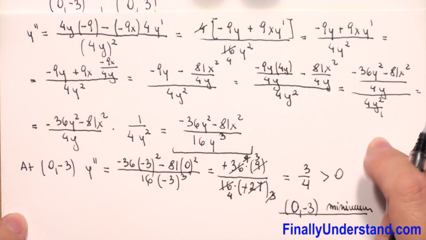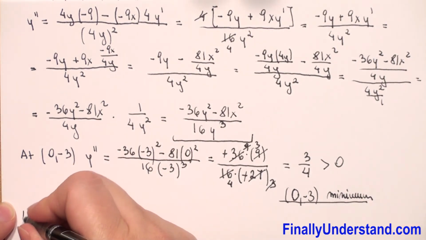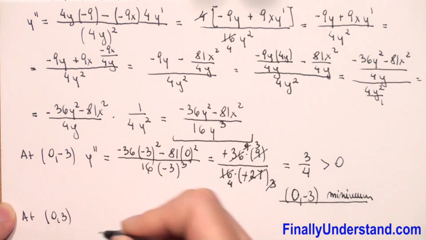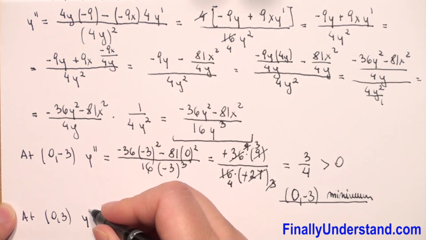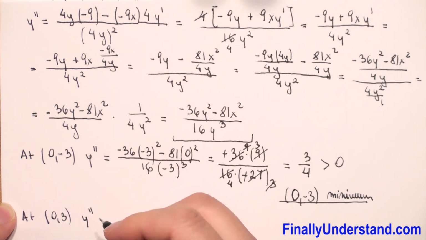Now we have to do the same for the second critical point. So at 0, 3, we have to replace again in the second derivative x and y by 0 and 3.